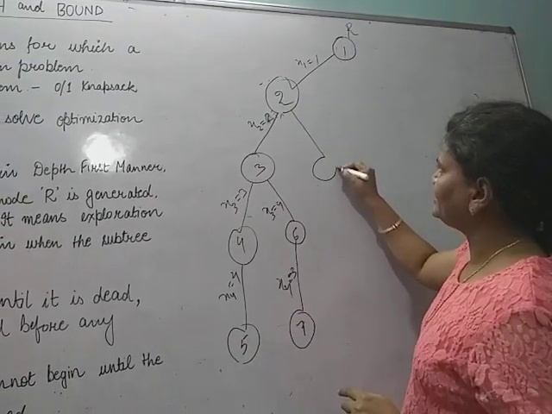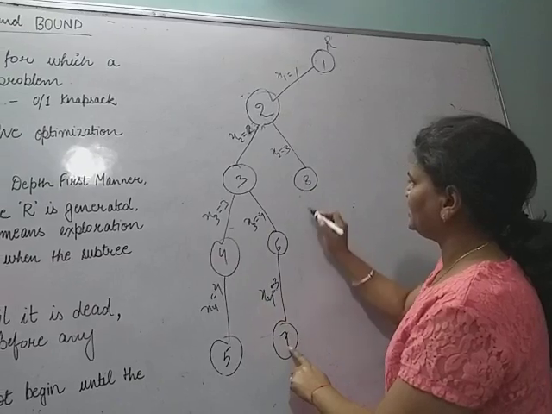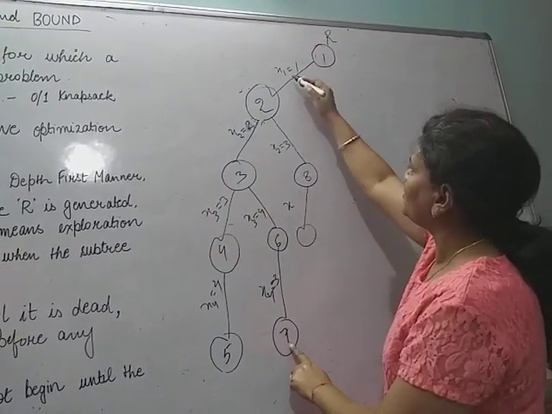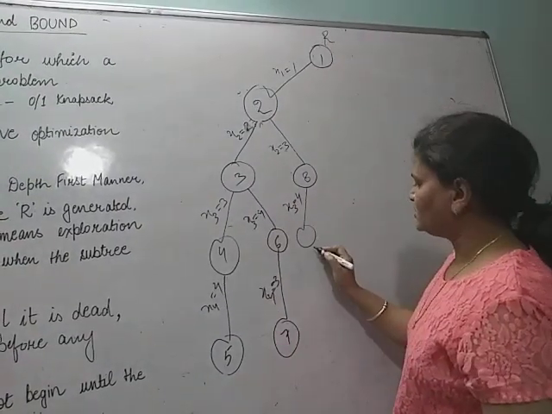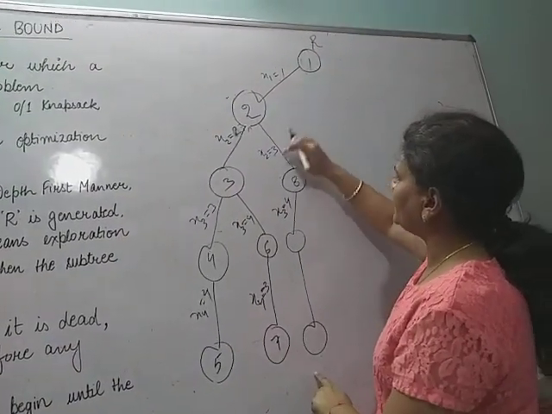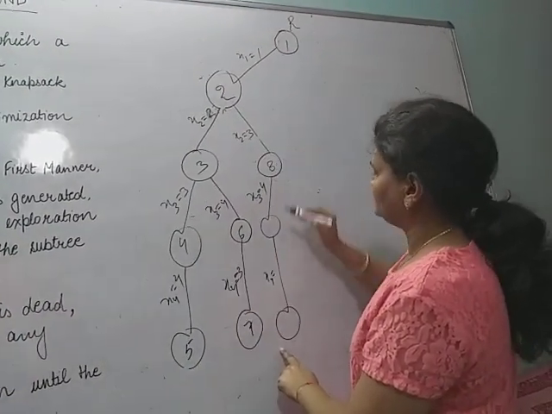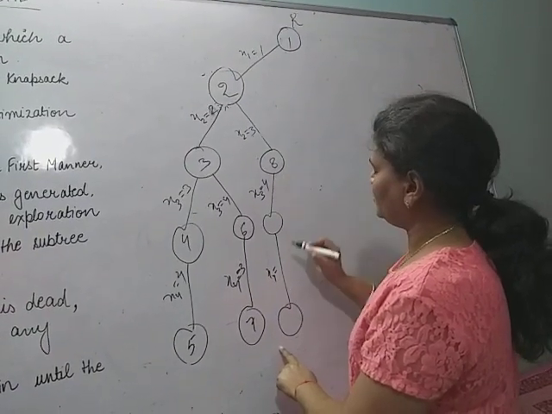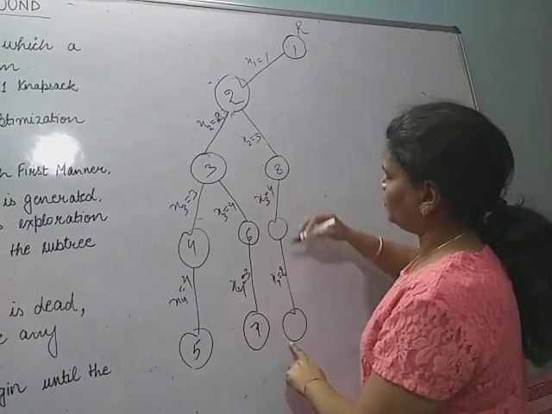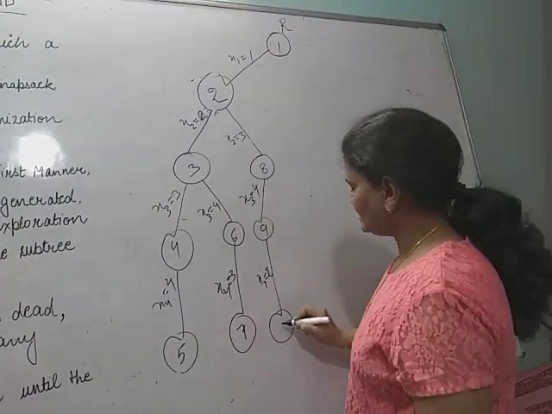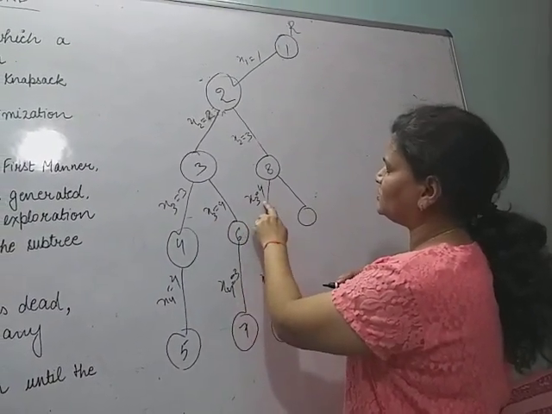Here the other option for x2 is 3, so nodes 7, 8, and then x1, x2, x3 are 1, 3 and 4. So here 1, 3, 4 and x4 equal to 2, giving 1, 3, 4, 2, nodes 8, 9, 10. Again here there is another option, x3 equal to 4.